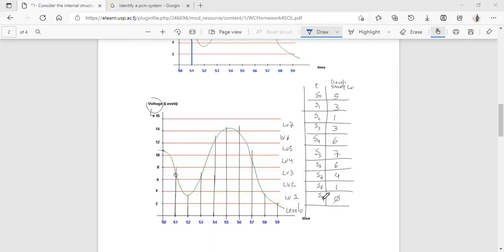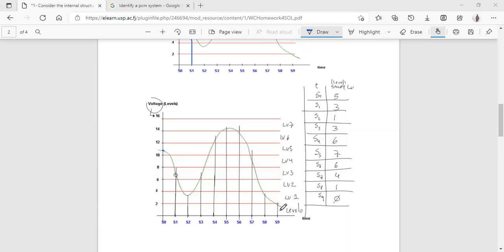You have to identify at each intersection of the sample point in what level it falls under. It starts from level 0 to level 7, so you do it for s equal to 0 up to s equal to 9.